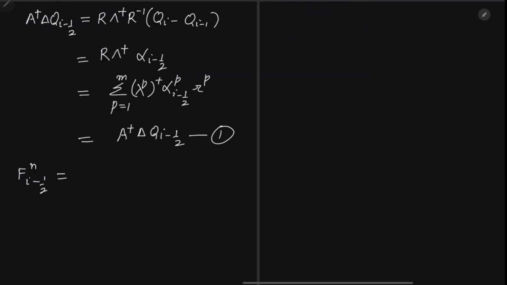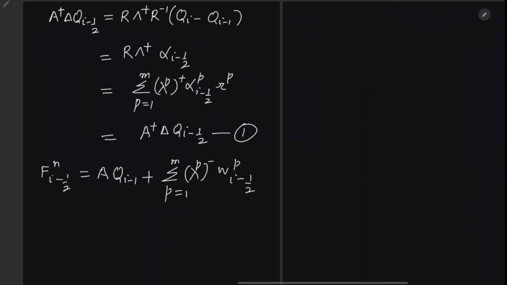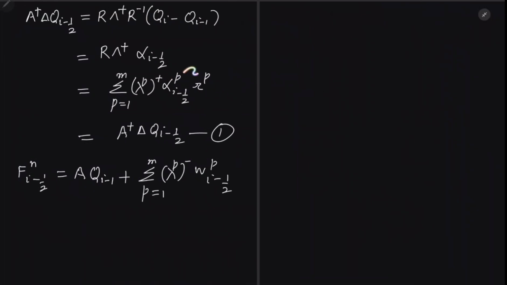Fn i minus 1 half. I can repeat again, a qi minus 1 plus p is 1 to m lambda p negative wp i minus 1 half. So after some modification, you can see that we have, for example, this value.